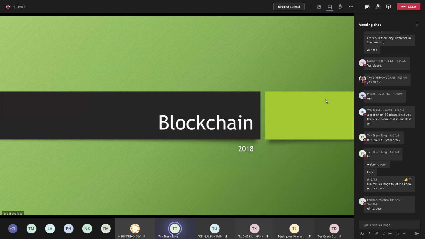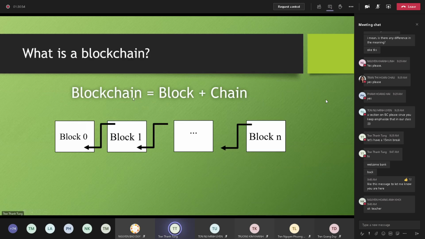The idea is that blockchain is just a way that people organize data over the internet. The keywords are block and chain. There are many blocks that are linked together. If you want a figure, it will be something like this one.